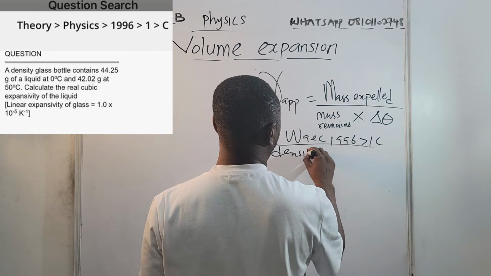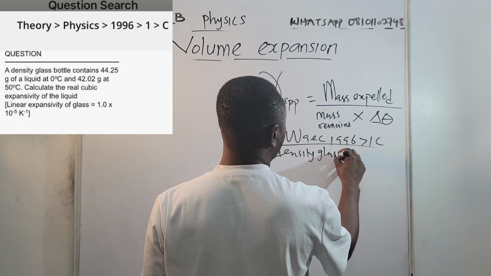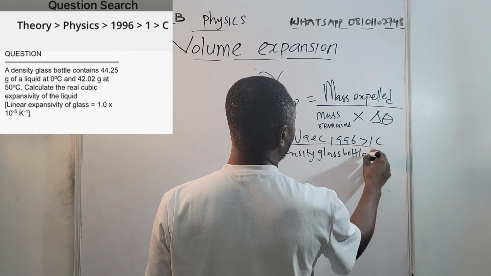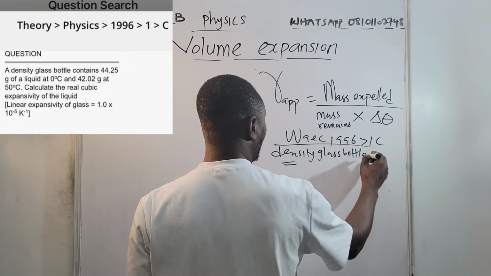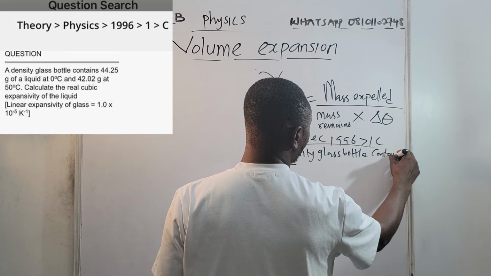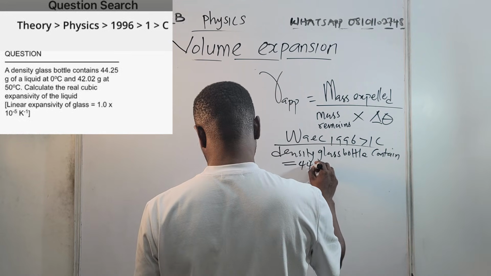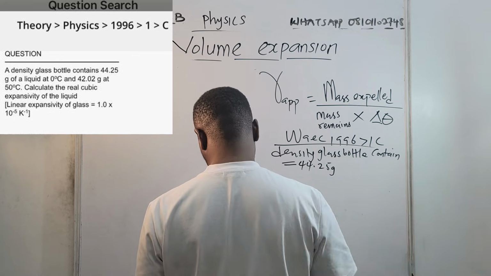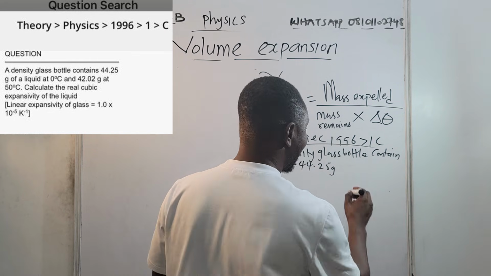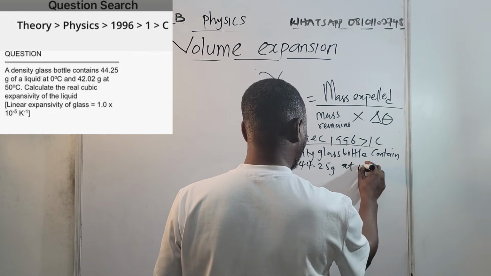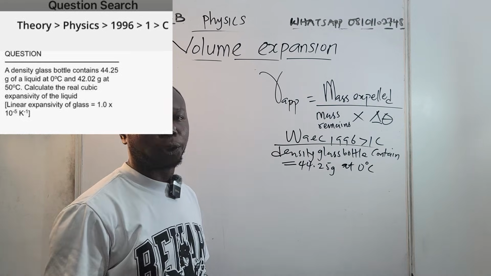So, the density glass bottle has a mass of 44.25 grams at 0 degrees Celsius.